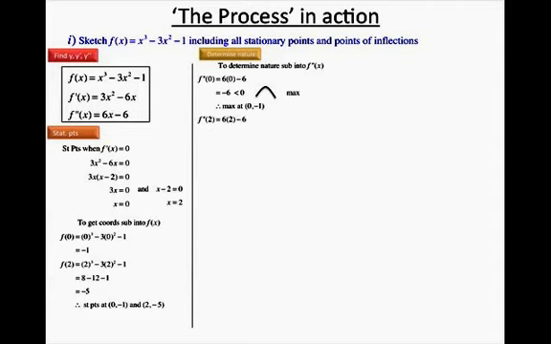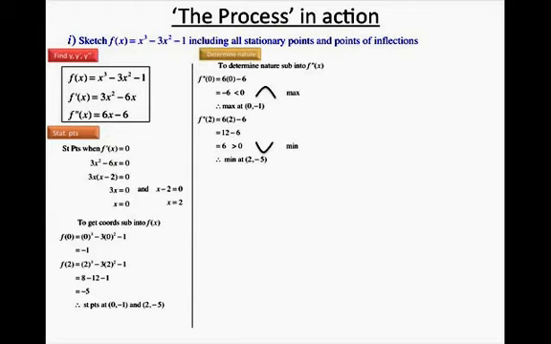We've got f double dash of 2 is 6 into 2 minus 6, so that's 12 minus 6, so that's 6, which is greater than 0, which means you are happy, which means it's a min. Not risking anything, not taking any skipped steps there, just going systematic one at a time, working the process through. So we've got a min at 2, negative 5 and a max at 0, negative 1.